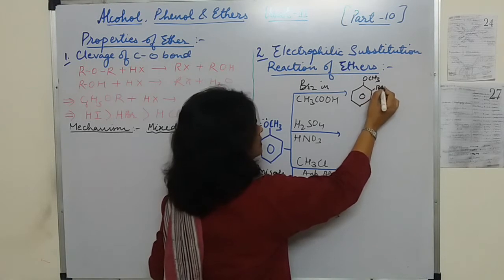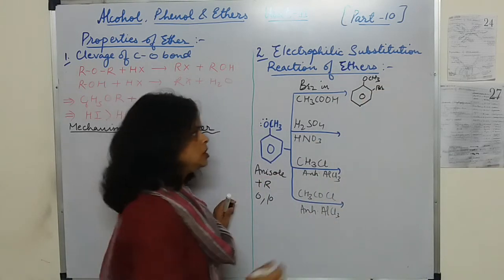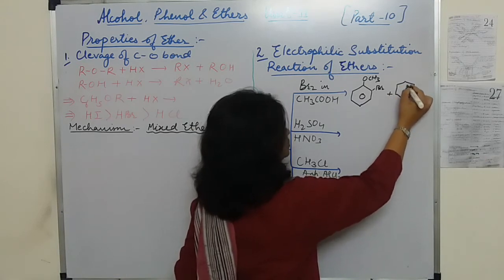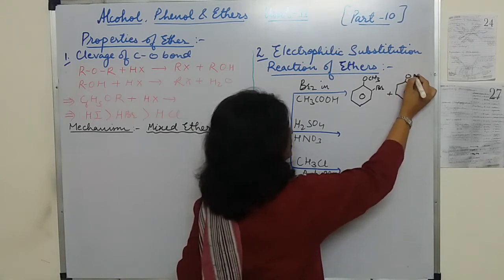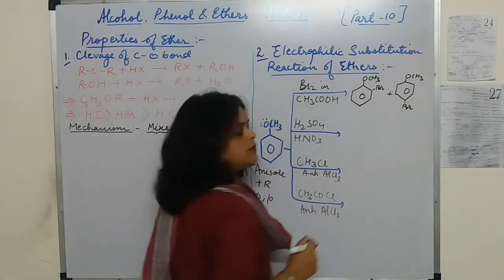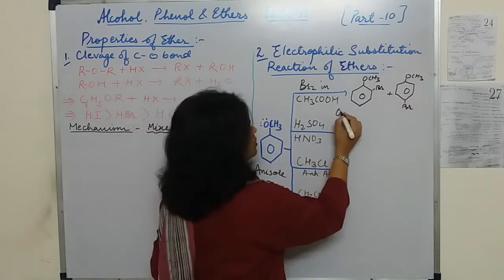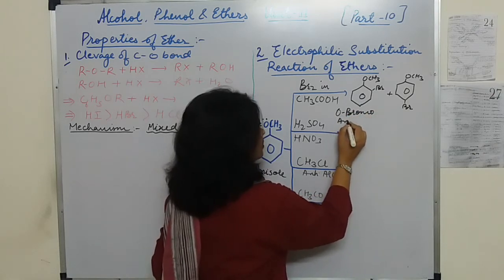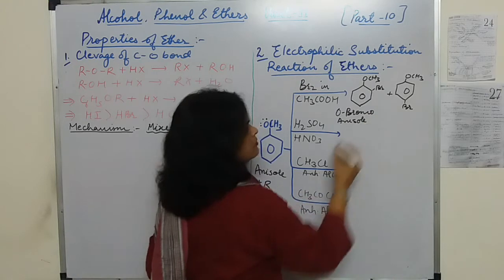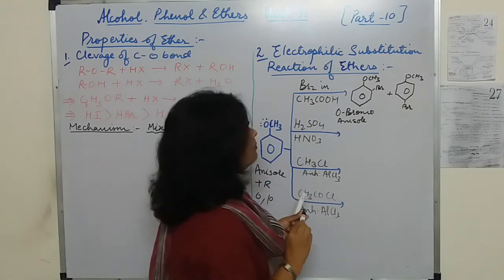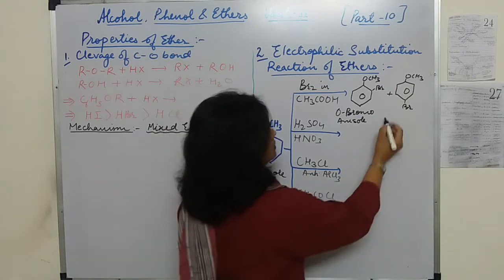First we get the Br at the ortho position, and in the second product we get Br at its para position. What is the name of this compound? Ortho bromoanisole. And what is the name of this compound? It is para bromoanisole.